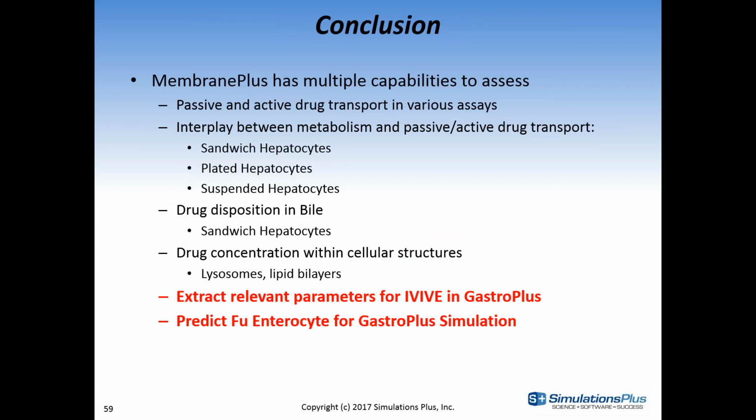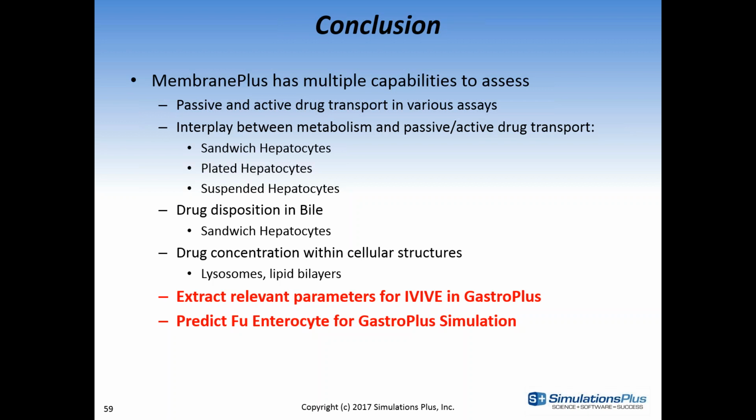So the conclusion here is that MembranePlus has a bunch of different capabilities to assess passive and active drug transport and all the different assays from Caco-2, MDCK, PAMPA to the new models, which are sandwich and suspended hepatocytes, drug disposition in bile, and also the lysosomal trapping within lysosomes, and then look at the concentration in all the cellular structures.